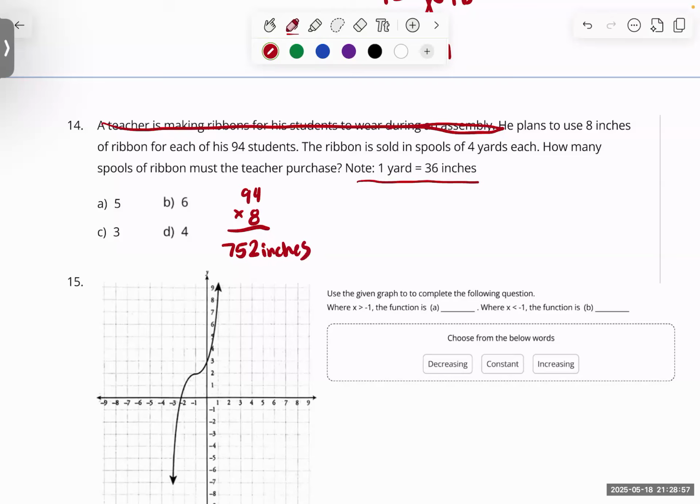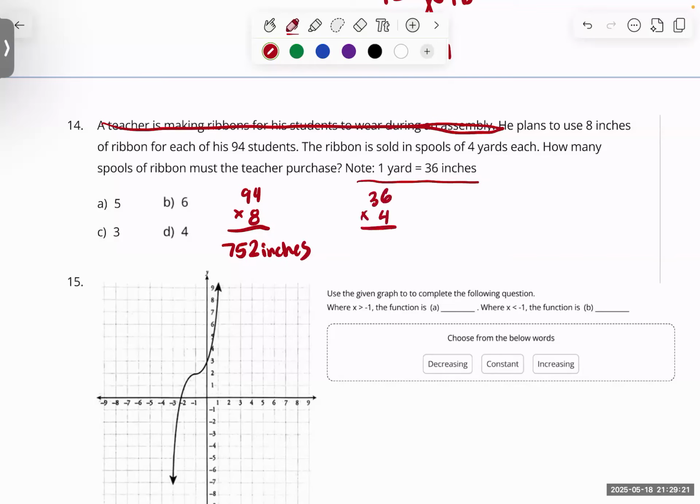So we have that. What do we do with this information now? Well, the ribbon is sold in spools of 4 yards each. How many spools of ribbon must the teacher purchase? Okay, so we have 4 yards each. So one spool is 4 yards. So 36 inches per yard, and I have 4 yards.